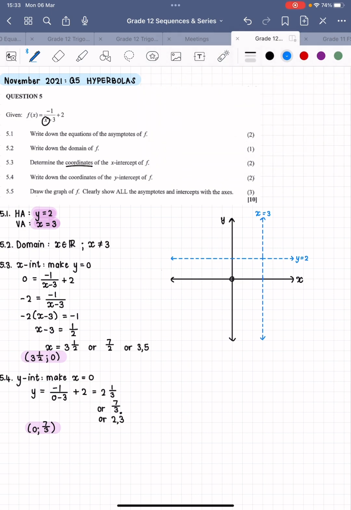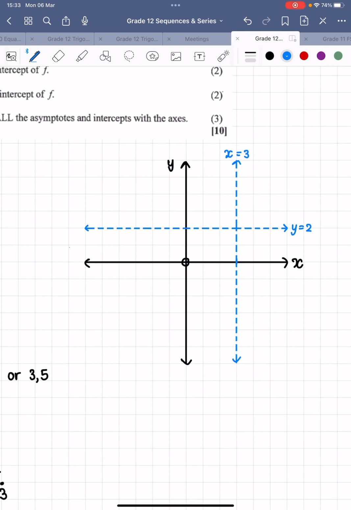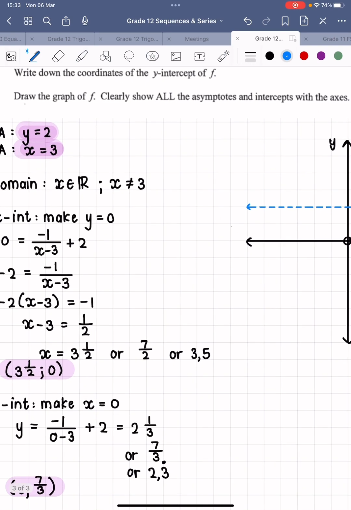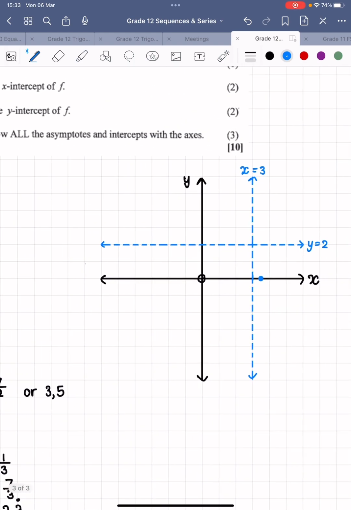Okay, next up, I'm now going to put in my 2 points that we've calculated. So the x-intercept is at 3.5 and 0. So my asymptote is at 3. 3.5 will be just to the right of it. Okay, so I'm going to draw my graph going through that point, and then my y-intercept is the point 0 and 2 1/3. So again, my y asymptote is at 2, so then 2 1/3 will be just above it.